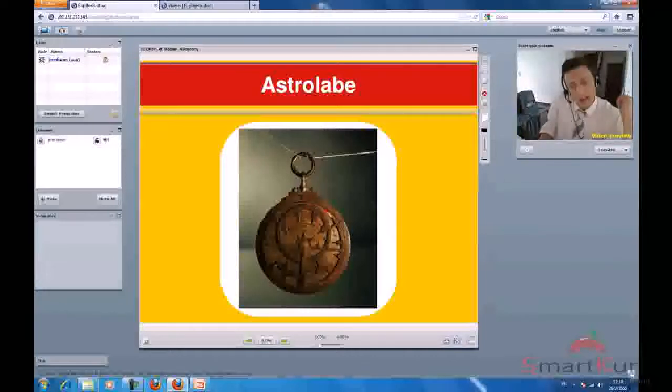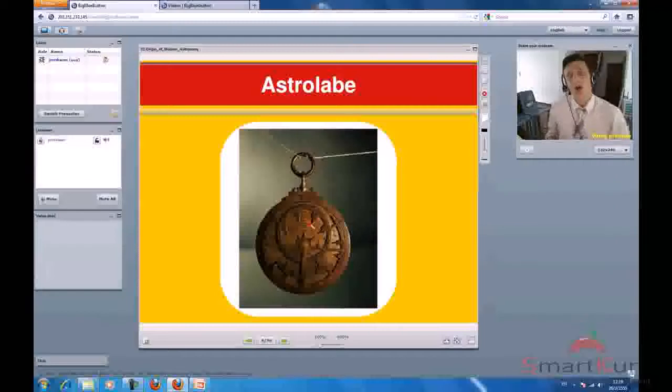So someone who wanted to use this astrolabe would turn this inner wheel here until this arrow pointed to the correct date. Then this circle on the inside would show them where the stars were going to appear. Also, you can see here inside that circle there are a lot of faint lines.